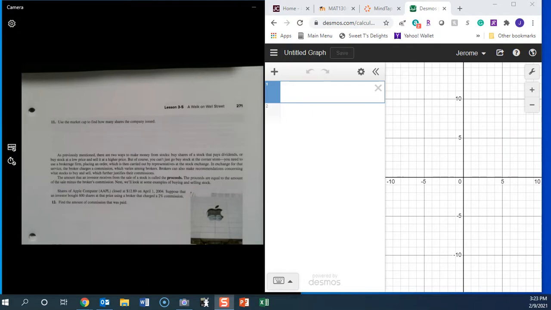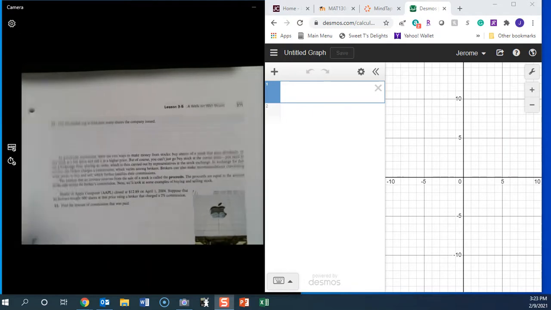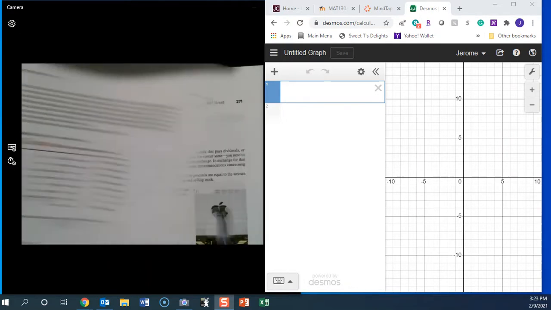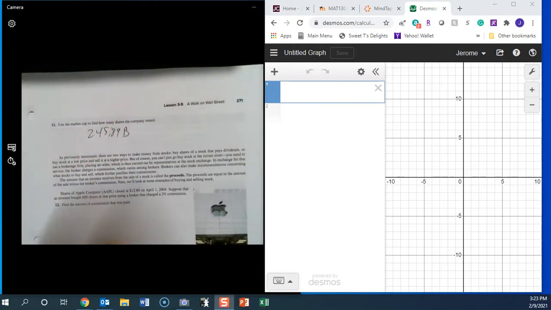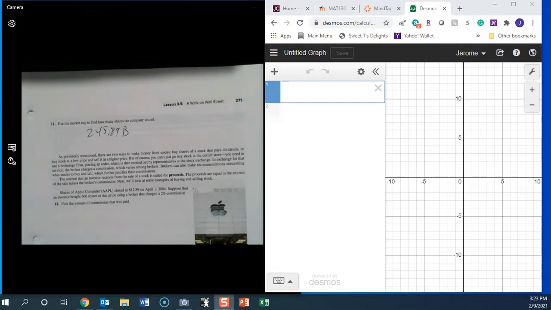Okay, so the market cap for Facebook, which shows it right here, is 245.89 billion. Now, to find out how many shares it is, remember the market cap is basically the current price times how many shares it is. So since this is how much the market cap is, all we have to do is divide it by the current price, and we'll have how many shares have been issued.